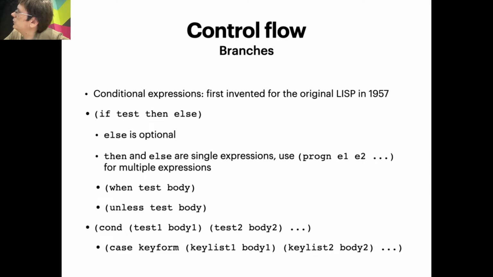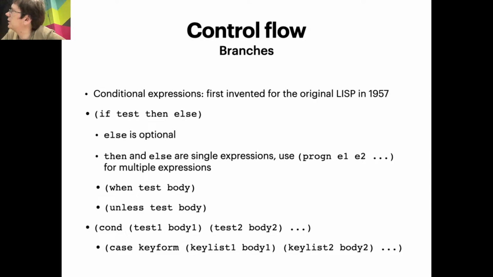So if we want to have a compound expression there, we have to use a progn form, that would evaluate all of its arguments and return its last expression as the result.